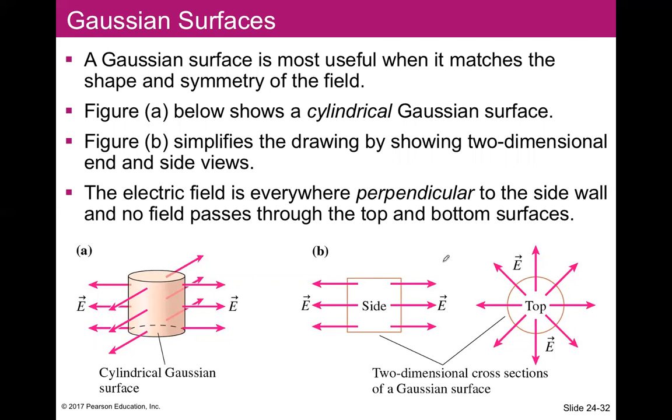If this is a three-dimensional view, let's look at the two-dimensional side view first. For the side view, you can see the field lines are going left and right. And if you look at this in the top view, you will see the distribution of the field lines is in this way.